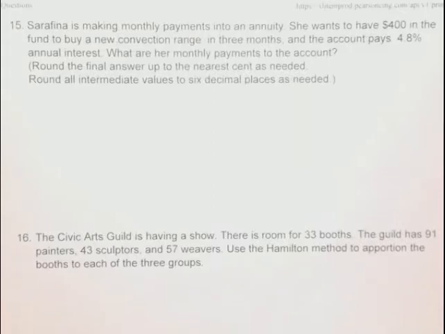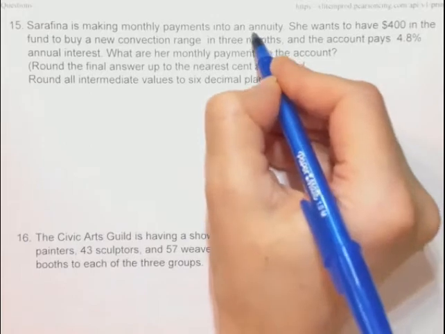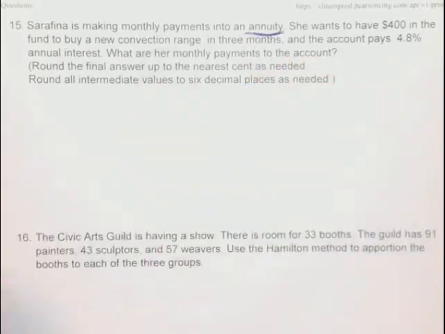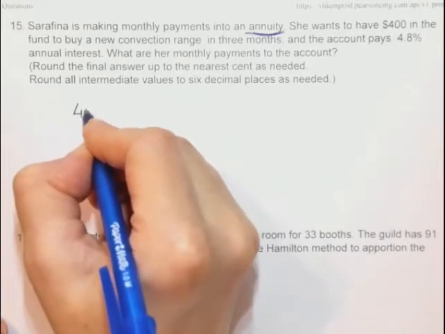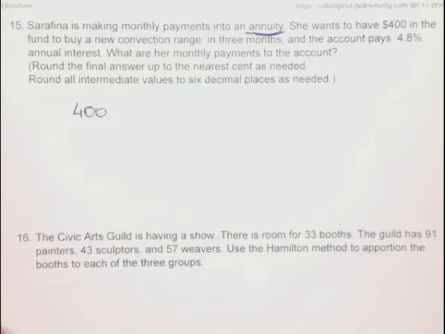Serafina is making monthly payments into an annuity. So we deal with an annuity. She wants to have 400 in the fund to buy a new convection range in 3 months. So future value will be 400.